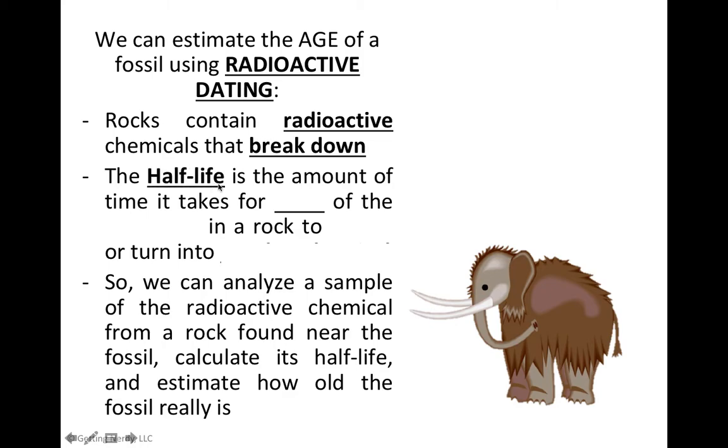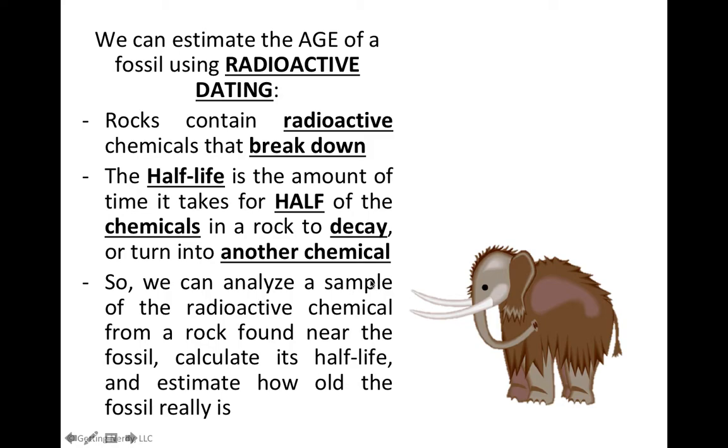The half-life is the amount of time it takes for half of the chemicals in a rock to decay, or turn into another chemical. That was a mouthful. The next slide is going to be very helpful in explaining what this really means.